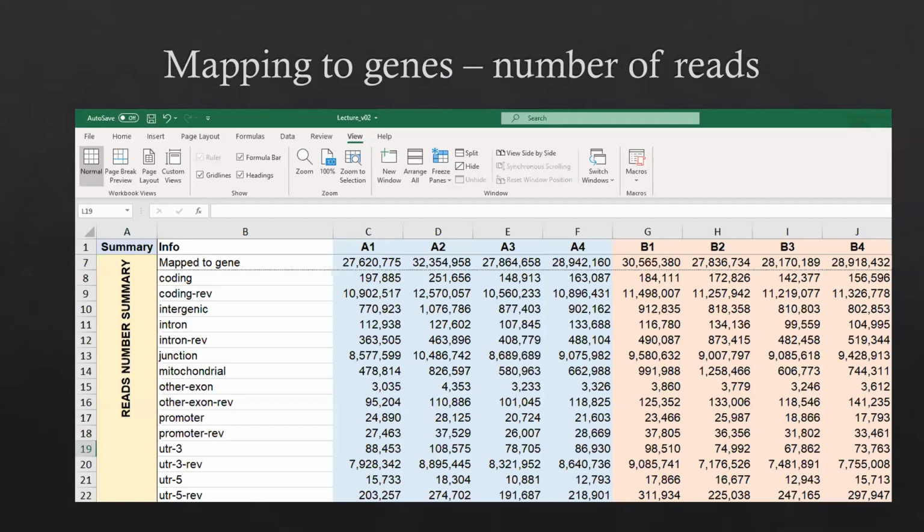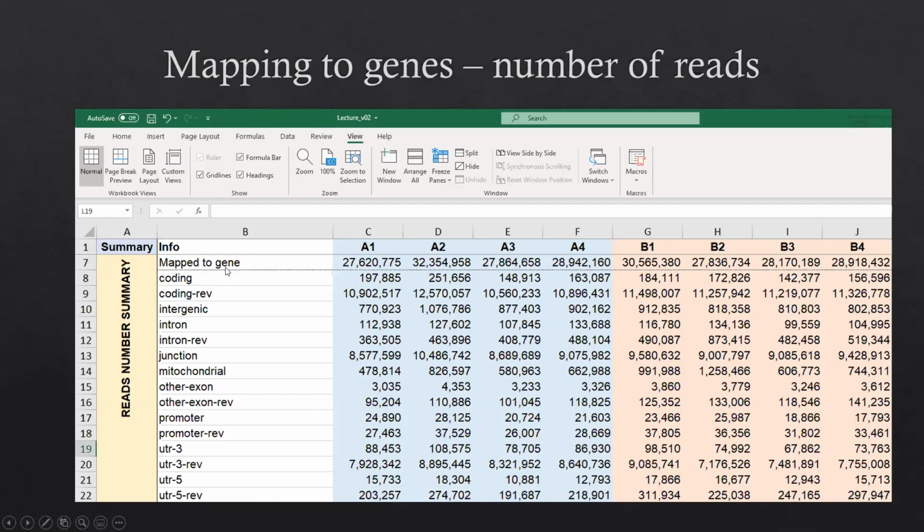After we know how many reads can be mapped to the reference genome, we also want to know the location of these reads. For example, here is another file we will generate.